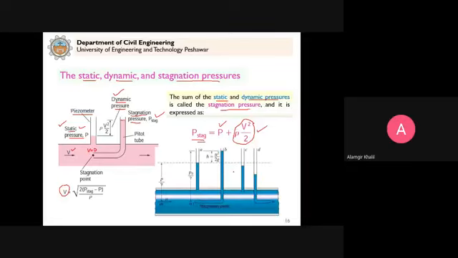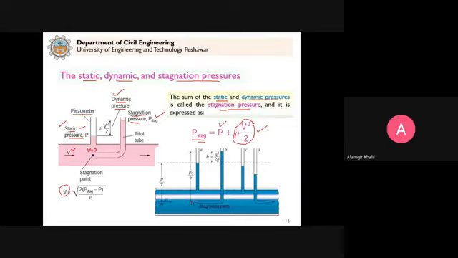So this diagram is available in your textbook in chapter 11, I think, flow measurements, when you discuss the pitot tube. You can see here that if we consider 2 points, one is point M and one is point N, and you insert a piezometer, it will show you the pressure head, the static pressure. Clear? It will show you the static pressure here.